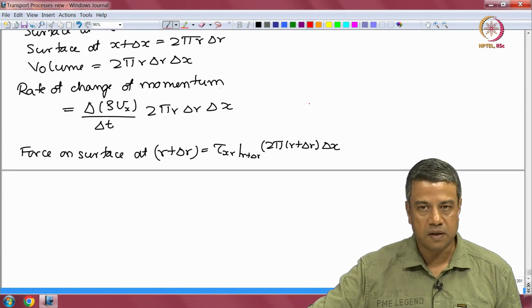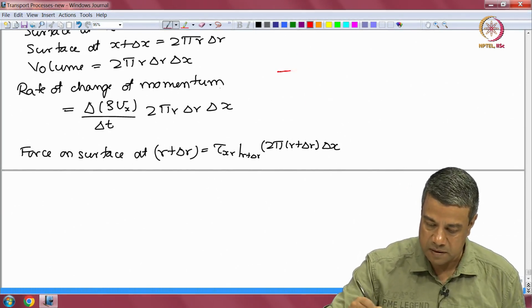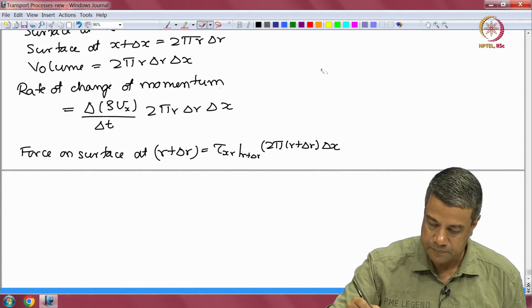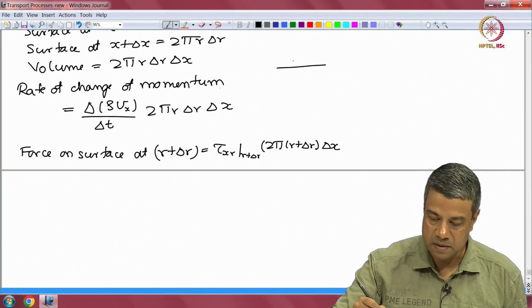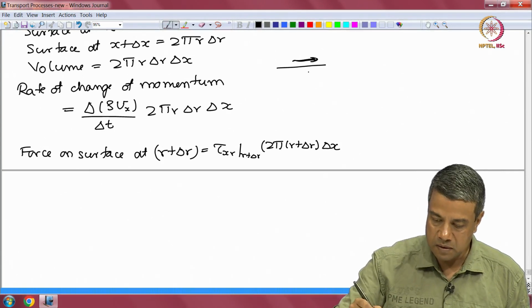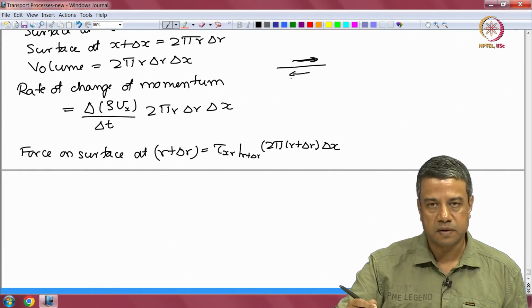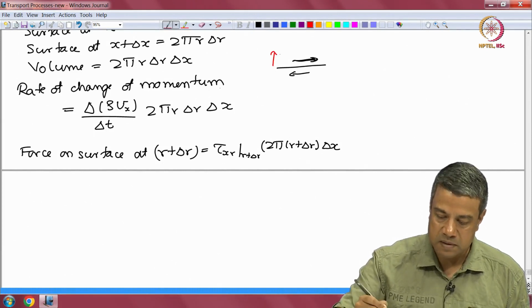If you recall, that was from Newton's law: if you have a surface and the volume above exerts a particular force in this direction on the volume below, the volume below exerts an equal and opposite force on the volume above. For the volume below, the unit normal is this way.